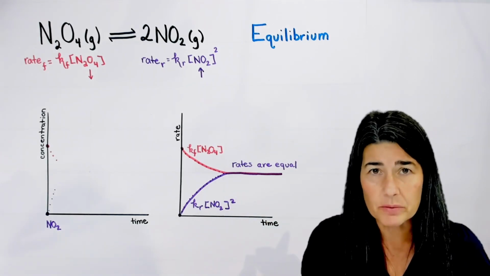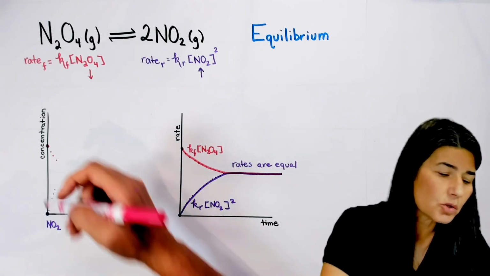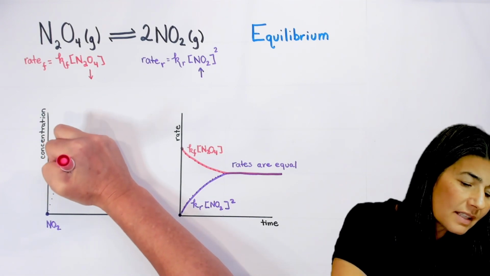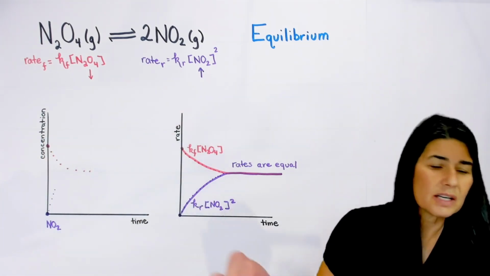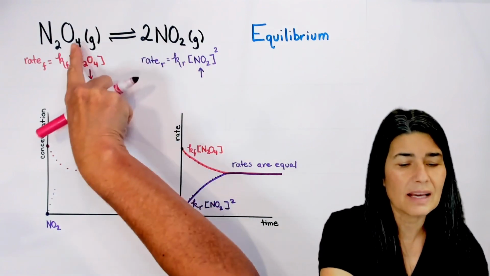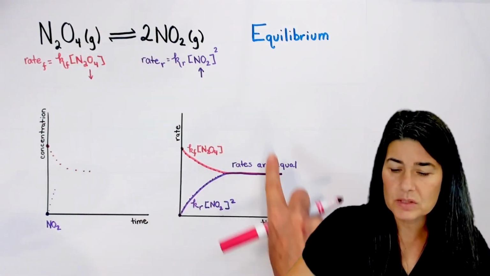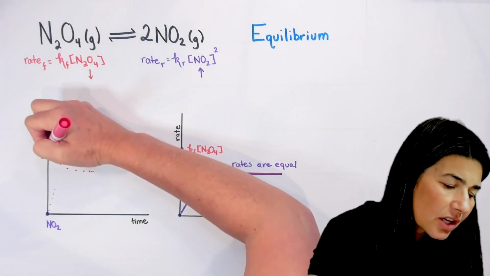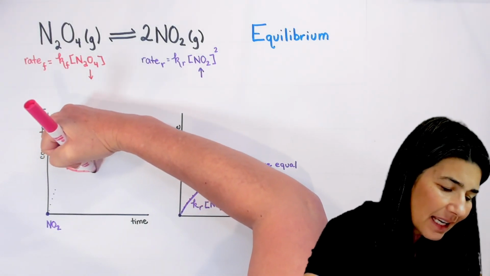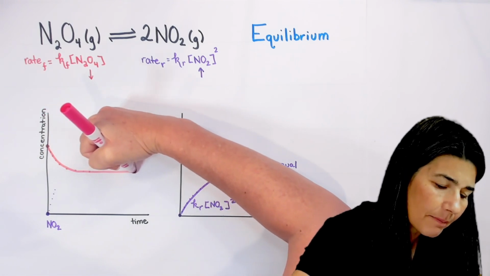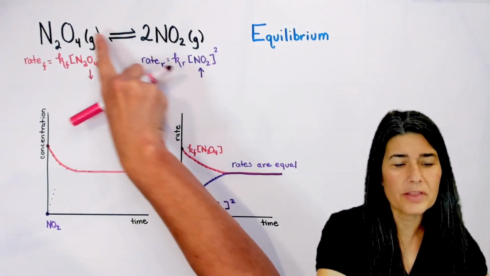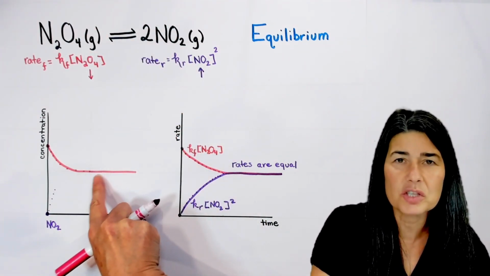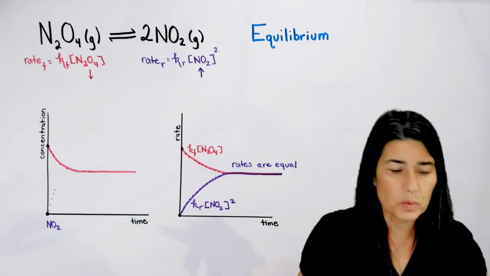Now what about the amounts? Okay, so the concentration of my reactants, N2O4, will continue to decrease until we're trading back and forth equal amounts, until the rates are equal. At that point, the concentration should be steady right here for my reactant. When I'm trading back and forth, the amount that goes this way equals the amount that goes this way, the concentration won't change. Same thing goes with the reverse.